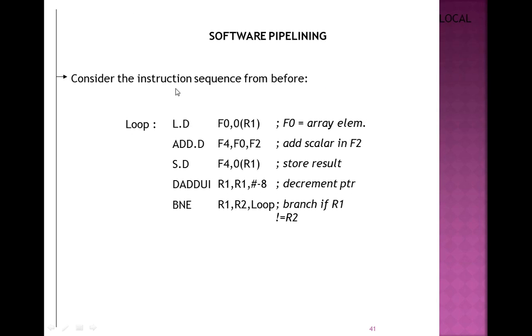This is the example. Consider the instruction sequence below. This is the loop: LD F0, 0(R1), F0 equals the array element; ADD F4, F0, F2, adding F2 to F0; then SD F4, 0(R1), which stores the result; DADD, that is decrementing the pointer, R1 minus 8; then BNE R1, R2, loop, branch if R1 is not equal to R2.